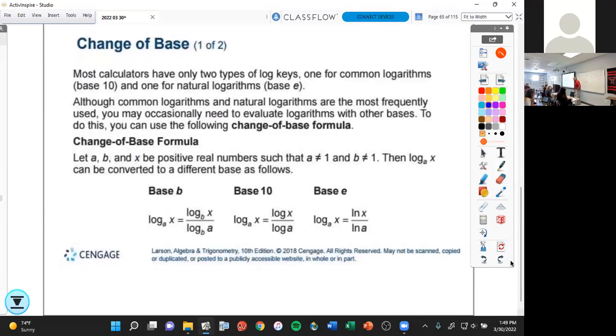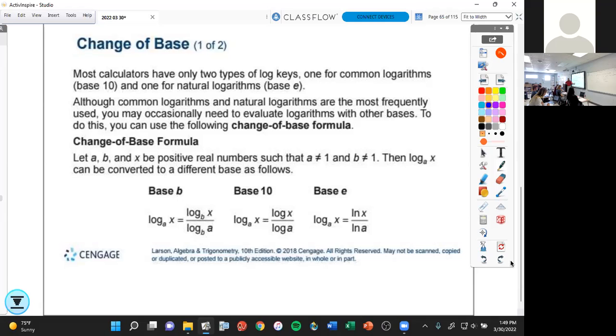Okay, so change of base. The way change of base works is very simple. If I have log base a of x, pay attention to the location of the a and the x. The a is lower than the x, which means a goes on the bottom and the x goes on top.